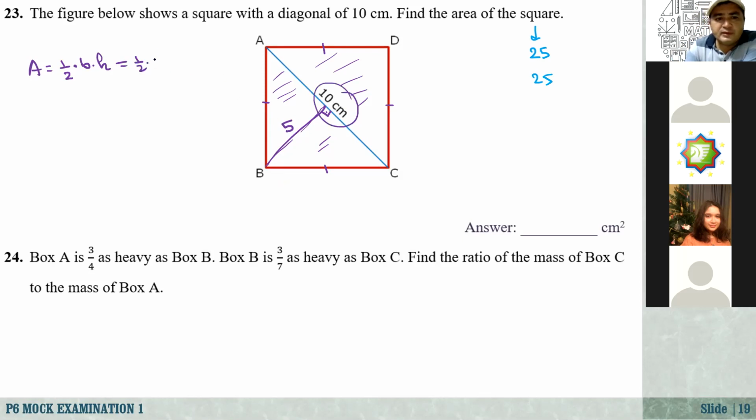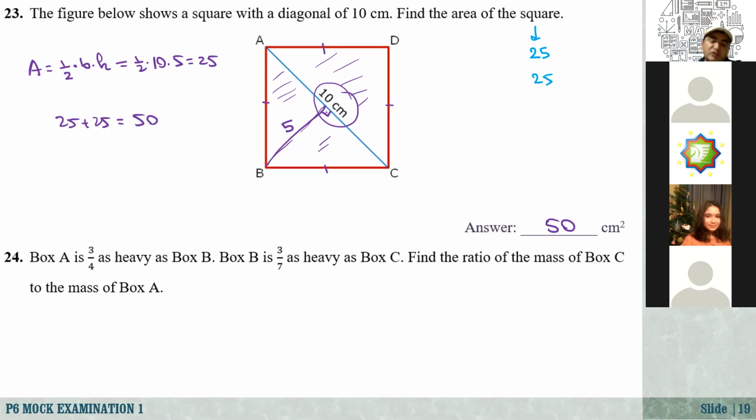Base is 10 times, height is equal to 5. So that is 50 over 2, that's equal to 25. So here we have two such triangles, right? So that is 25 plus 25, that's equal to 50. So the answer is 50 square centimeters.